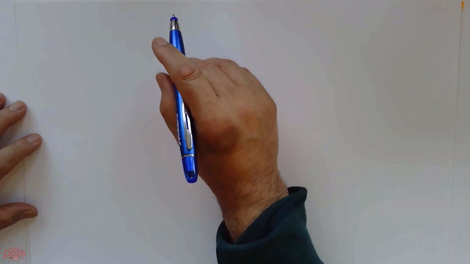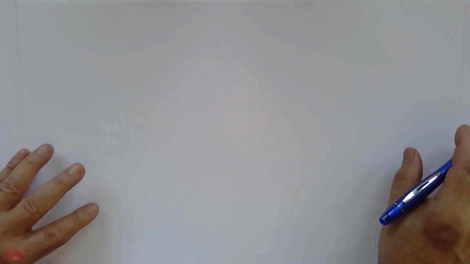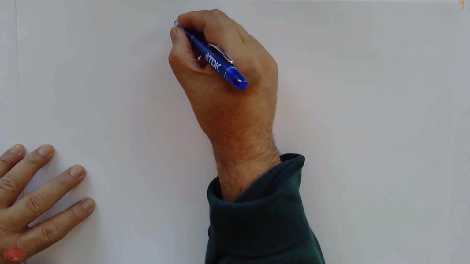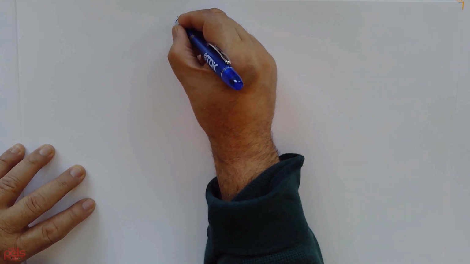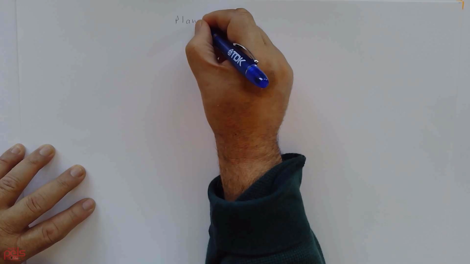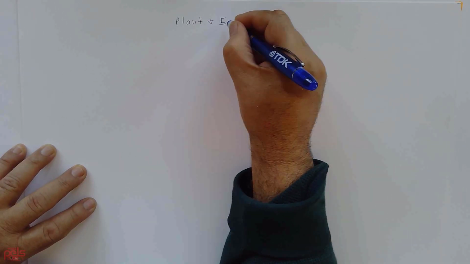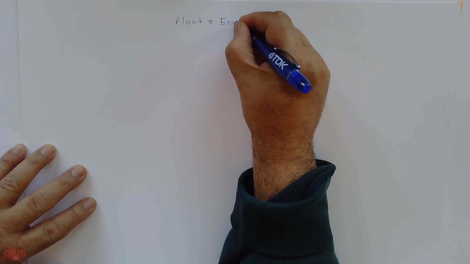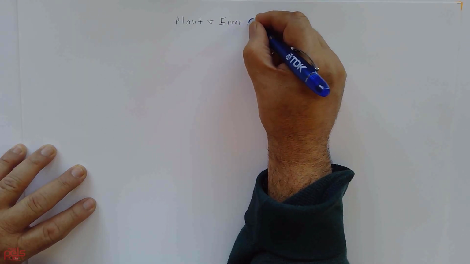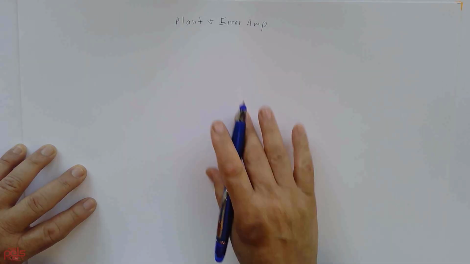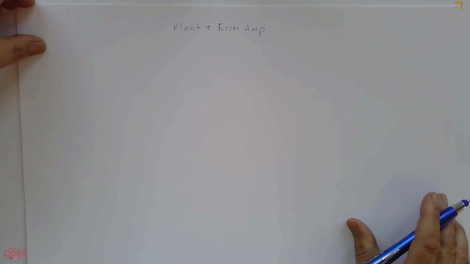Okay, so now we're going to put everything together. We're going to put the plant and the error amp together. Get it back down here.